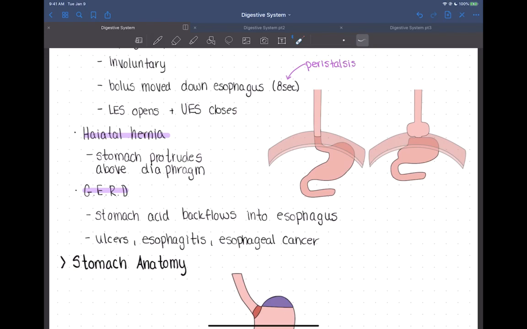There's no enzymes there or buffers to deal with that acidity. And so that can end up causing ulcers in the esophagus. It can cause inflammation of the esophagus, that's esophagitis. And if it's long-term, chronic, that could lead to esophageal cancer if you just keep damaging that tissue in the esophagus over and over. It can become cancerous.